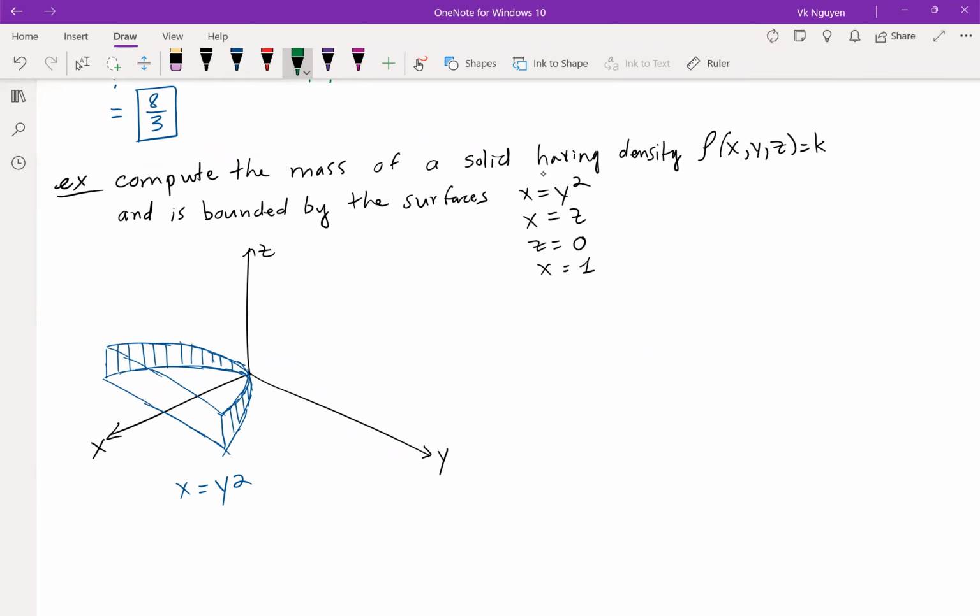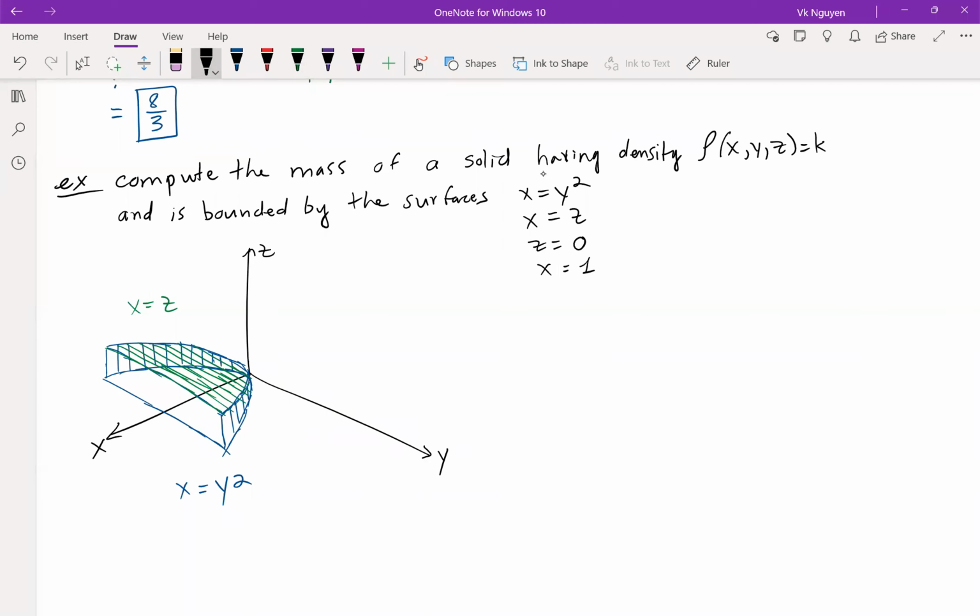The plane is x equals z, so that plane is gonna cut it. This plane right here. Okay, so z equal to 0 is the xy plane. Is this the bottom part right here? Everybody knows z equal to 0 is down there. X equal 1. There should be a plane x equal 1.